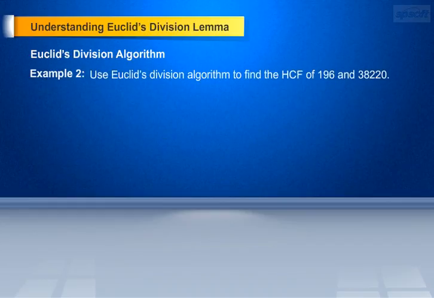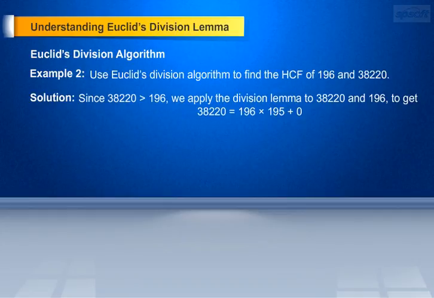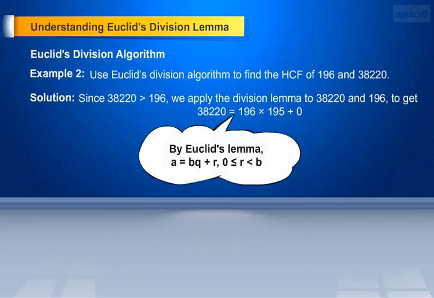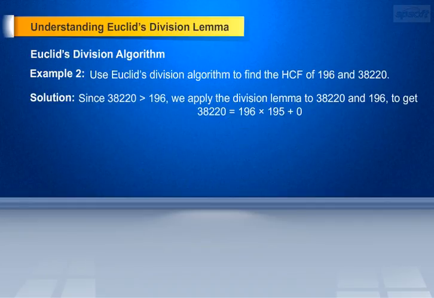Example 2. Use Euclid's division algorithm to find the HCF of 196 and 38,220. Solution. Since 38,220 is greater than 196, we apply the division lemma to 38,220 and 196 to get, by Euclid's lemma, a equals bq plus r, here 0 is less than or equal to r, less than b. 38,220 equals 196 into 195 plus 0.